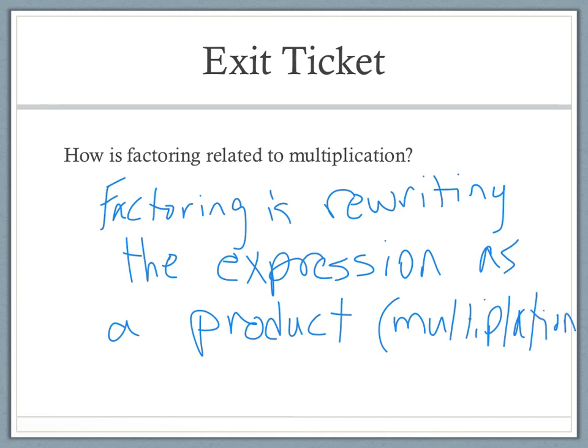So in a sense, okay, when we factor, we just are rewriting it as two things times each other. Okay? So that's how it's related to multiplication, it's kind of like working backwards. So instead of multiplying something through, we're actually taking that number out.